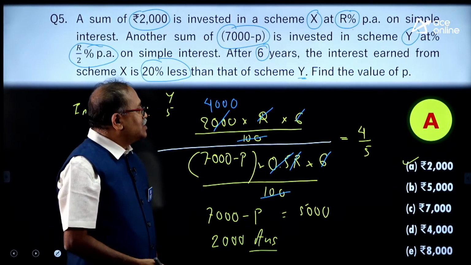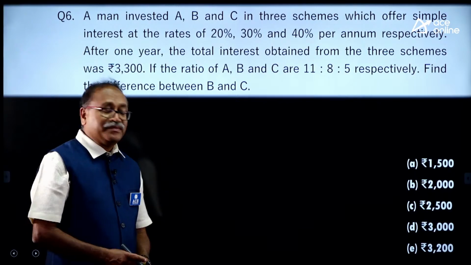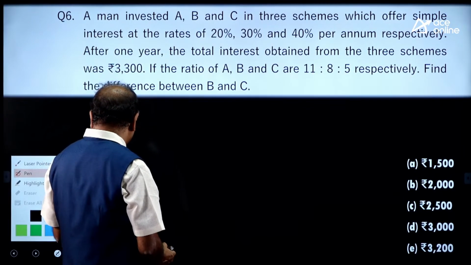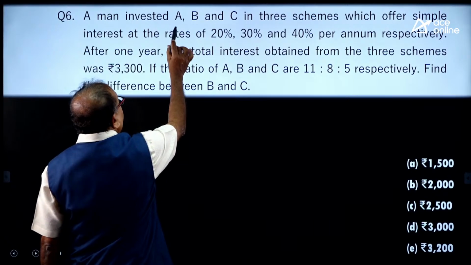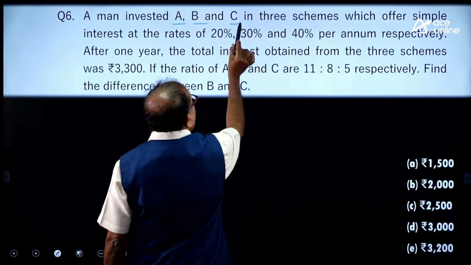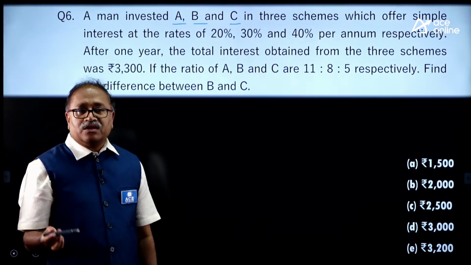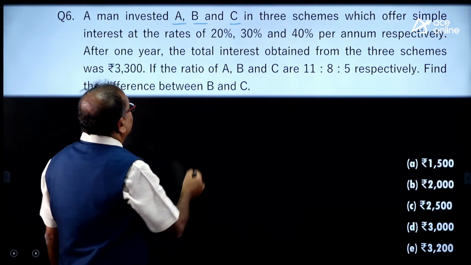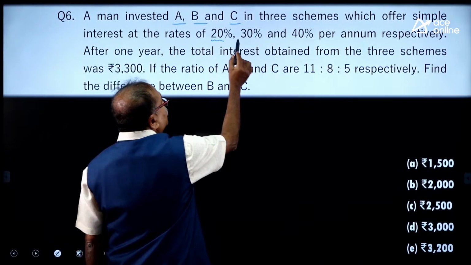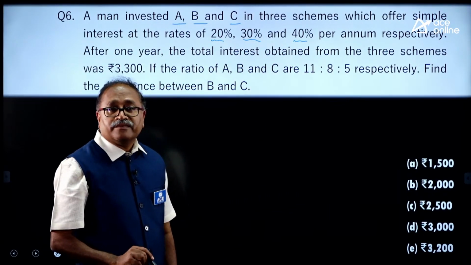Okay. So, we will move on to the next question, and that is here. Let me read the question. A man invested A, B and C in 3 schemes, that means rupees A, rupees B and rupees C in 3 different schemes offering simple interest at the rate of 20%, 30% and 40% per annum respectively.